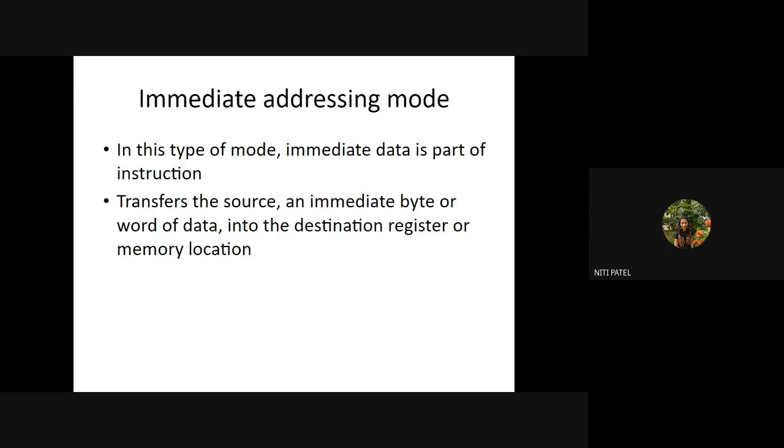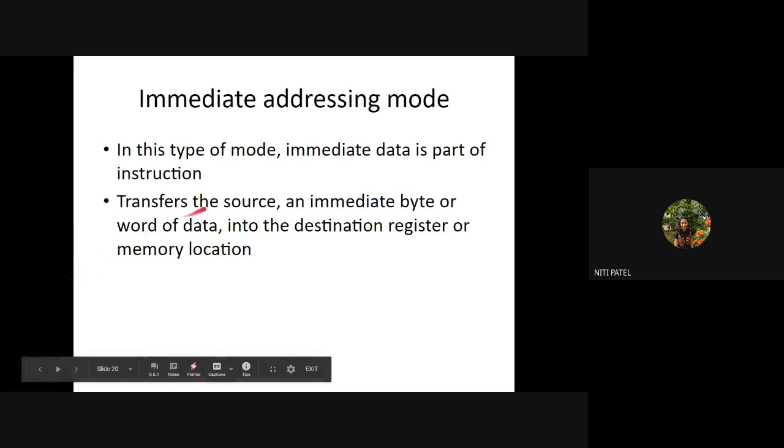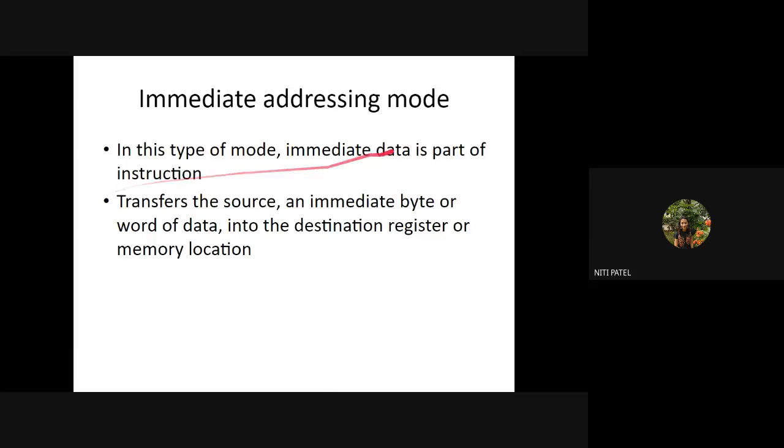Okay, so let us see the first one, immediate addressing mode. In this mode, immediate data is a part of an instruction. So when I write an instruction, the data is directly a part of the instruction. That means I have to mention the data in the instruction itself. Okay. Transfer the source immediate byte or word of data into the destination register or a memory location.